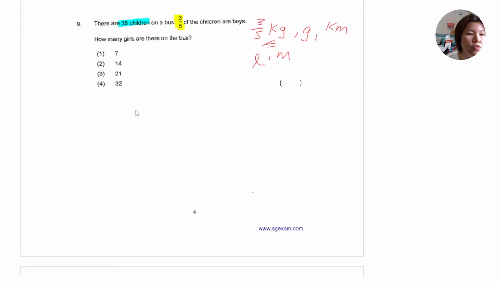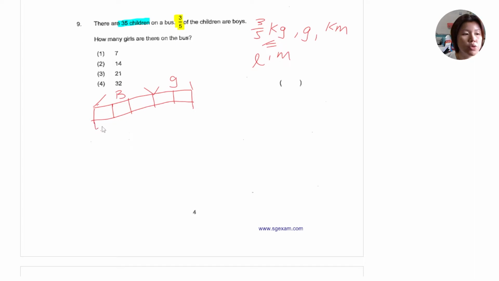So since it's a fraction of a set, we need to draw model. Fraction, my denominator is my total. So means I got 1, 2, 3, 4, 5 units. 3 units are boys. Means these are actually girls.